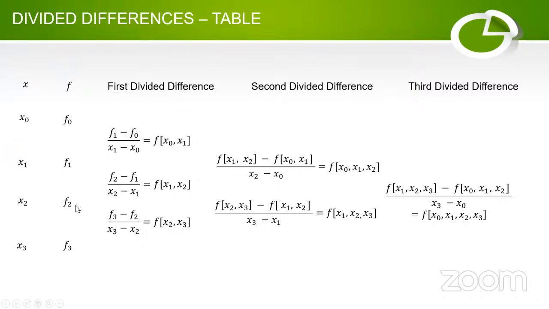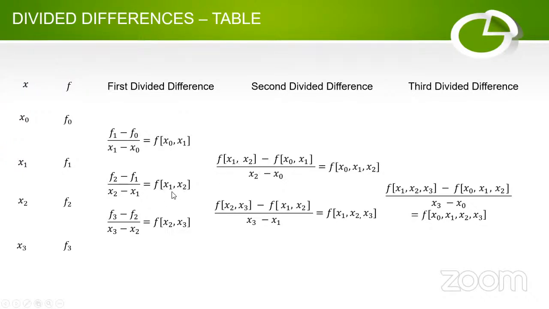Then the same thing will continue: F2 minus F1 over x2 minus x1. The next, F3 minus F2 over x3 minus x2. So at the end, we are going to have a number here, a number here, and a number here. Remember I said that for the second divided differences, we find them in terms of the first divided differences. So for the numbers we have here, we take this minus this, which is what we have had here.